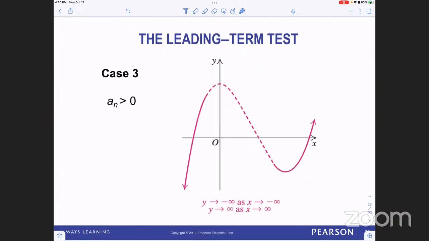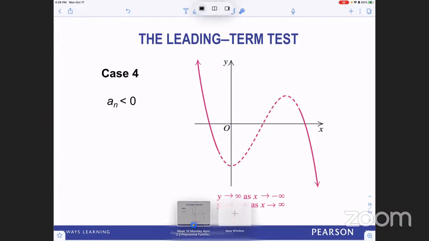So in case number 3, instead of n being even, now our n is odd. Again, similar to before, when our leading coefficient is positive, that means it goes up to the right. When n is odd, that means the other side does the opposite. And then the final case is where the leading coefficient is negative, and n is still odd.